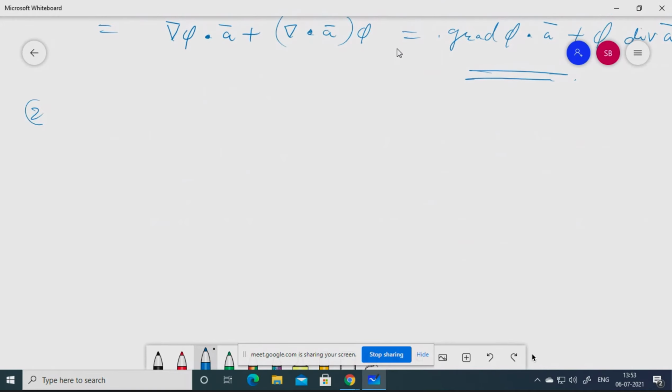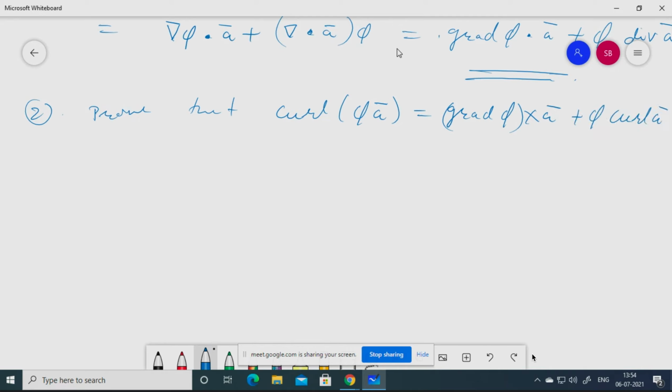So the second one, you have to prove that curl of phi A bar. Just now you calculated the divergence of phi into A bar. Now you calculate curl of phi A bar, and the identity will be gradient of phi cross A bar plus phi into curl A bar.